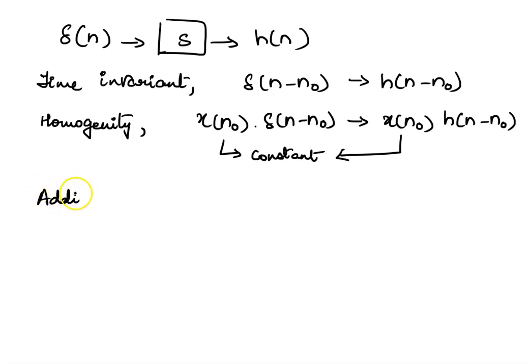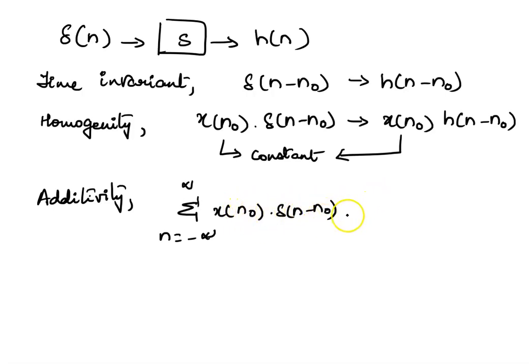Extending this concept to additivity, the summation over n naught from minus infinity to infinity of x of n naught del of n minus n naught will give the output summation over n naught from minus infinity to infinity of x of n naught h of n minus n naught. This is n naught, not n, for every value of n.